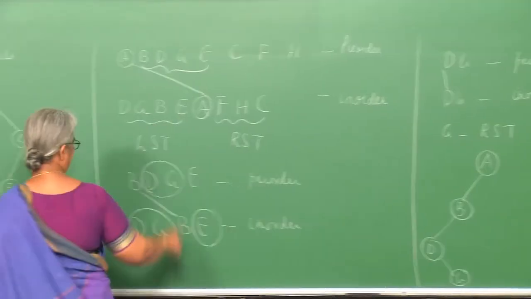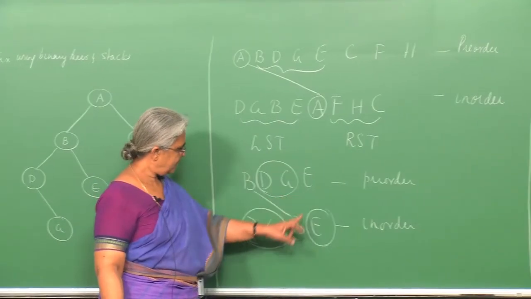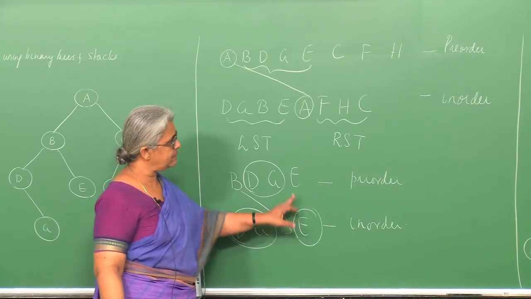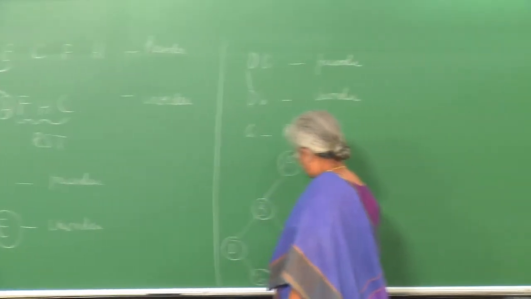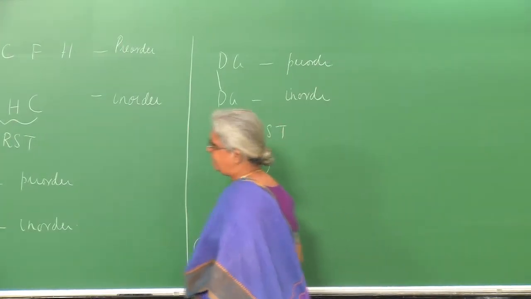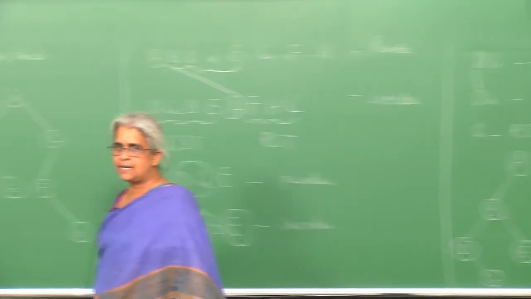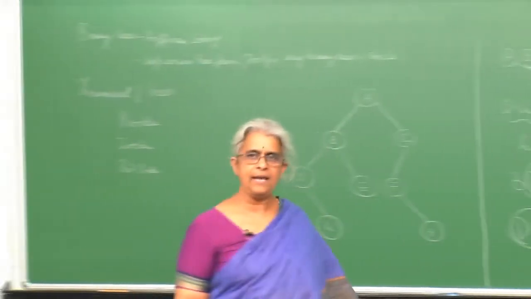Similarly, here what do we have now? If you look at the right subtree of the in-order traversal, it is only E and there is only one node, therefore, it has to come over here. So, in much the same way you can go ahead and construct the entire binary tree.